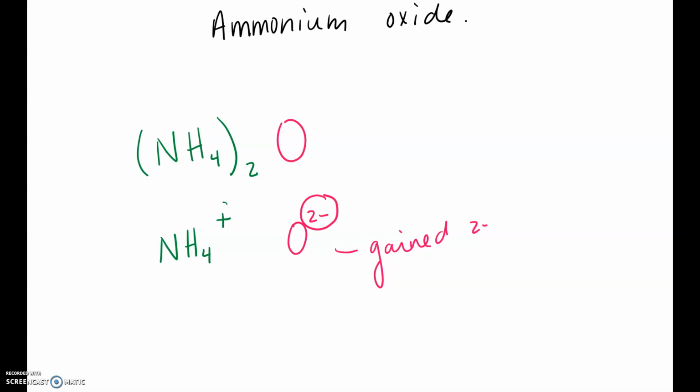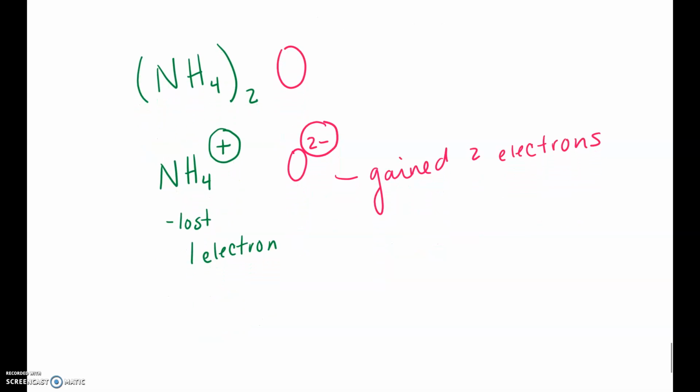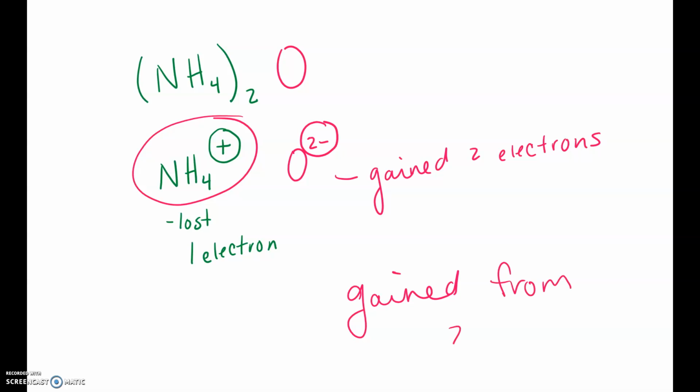But over here, this ammonium has a positive charge, and what that means is it's only lost 1 electron. And so if oxygen has gained 2 electrons, then that means that it's had to gain them from 2 ammoniums. So it's gained its electrons from 2 NH4 pluses, since each has only donated 1 electron.